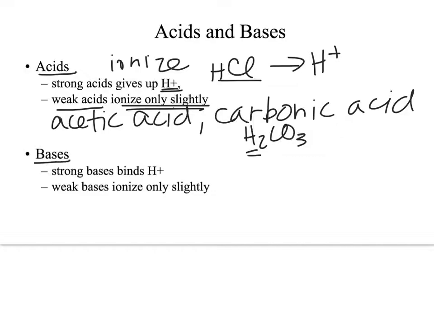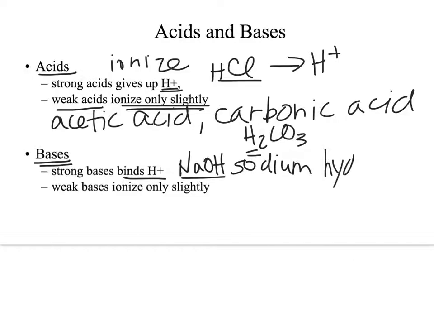Now bases do the opposite of acids. They bind a hydrogen ion. So a strong base is something like sodium hydroxide. It's usually got an OH on the end. So that's an example, sodium hydroxide.